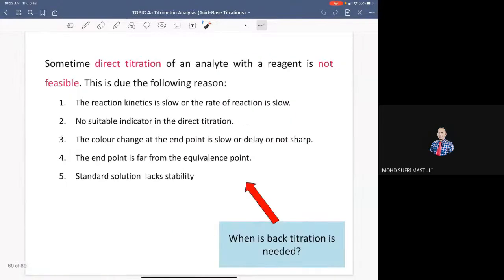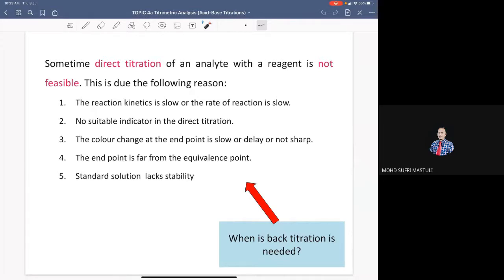Okay, this is the reason why sometimes we need back titration. The main reason is that direct titration, a single titration, of the analyte with the reagent maybe is not feasible. This is due to several reasons. The common reasons are listed here.